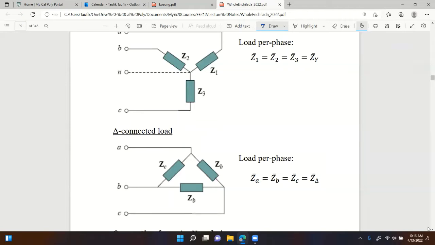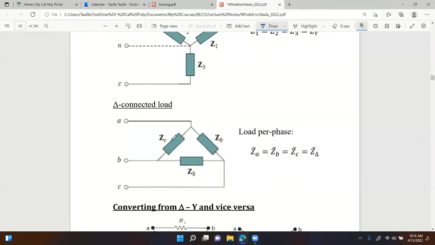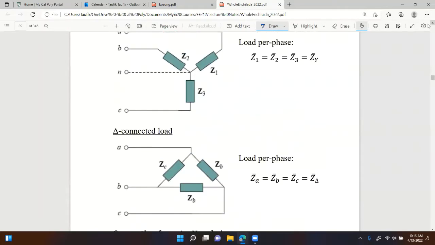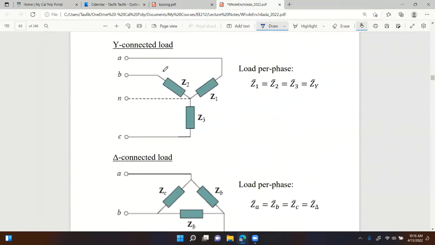For delta, the main property is that the three-phase voltages or currents or impedances form a closed loop. And today we're going to learn two more properties of a Y connection, and then the remainder of the circuits we're going to cover on Friday.